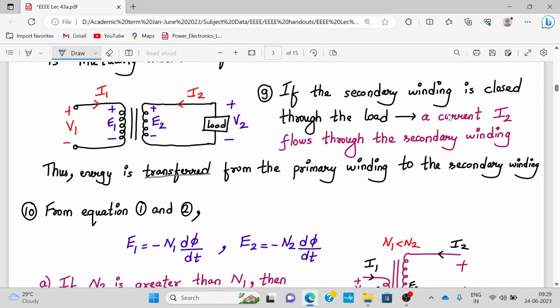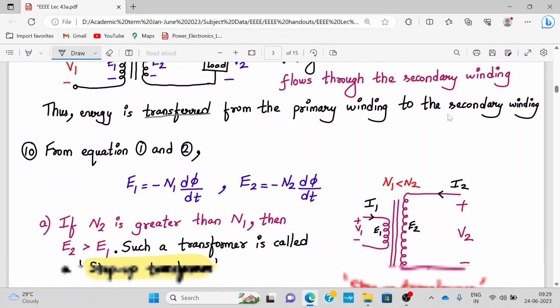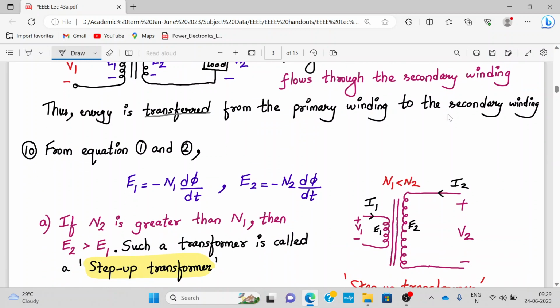So from equations number 1 and 2, which we have written over here, E1 is minus of N1 d phi by dt, E2 is minus of N2 d phi by dt. Alright, so that is what we have written. And if we divide E1 by E2, what do we get?